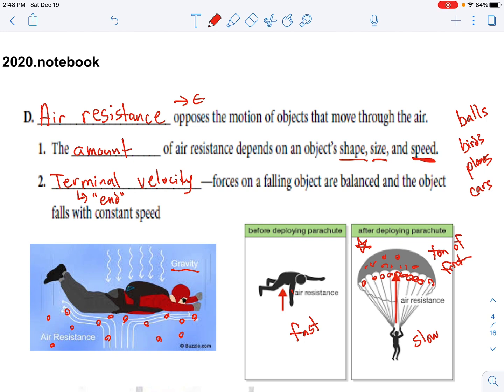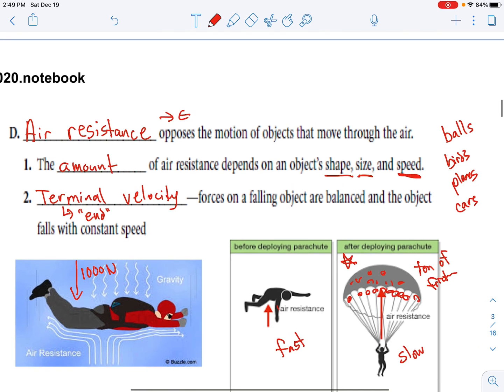And that would be maybe this guy here in this picture. So let's say gravity is pulling him down with a force of, say, 1,000 newtons. But the air resistance is pushing up with that same force of 1,000 newtons.